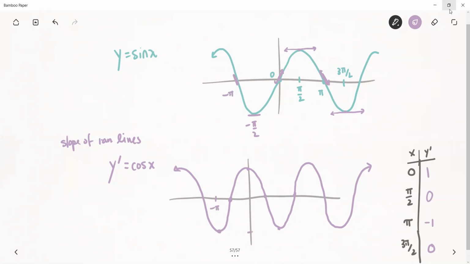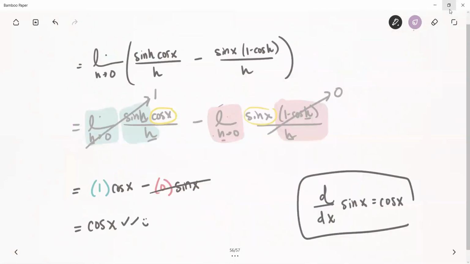Boom, down at -1. Okay. And so these values, -1, 0, 1, 0, -1, 0, are the y values that show up on the graph of the derivative. And so this should make us feel happy that this idea of slope of tangent lines is consistent with the derivative that we found over here.